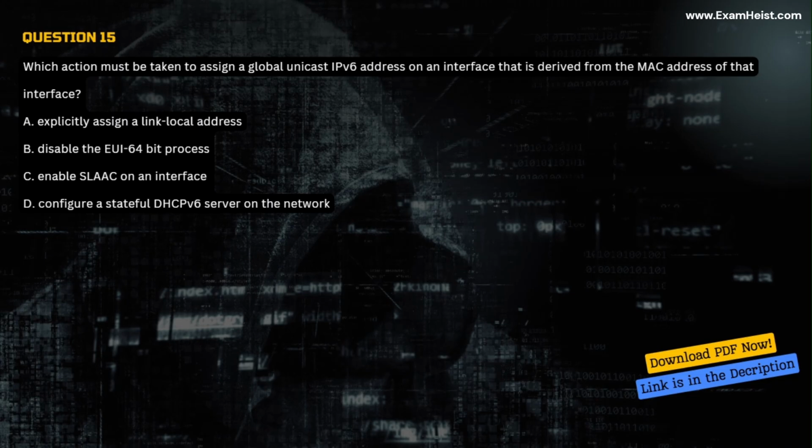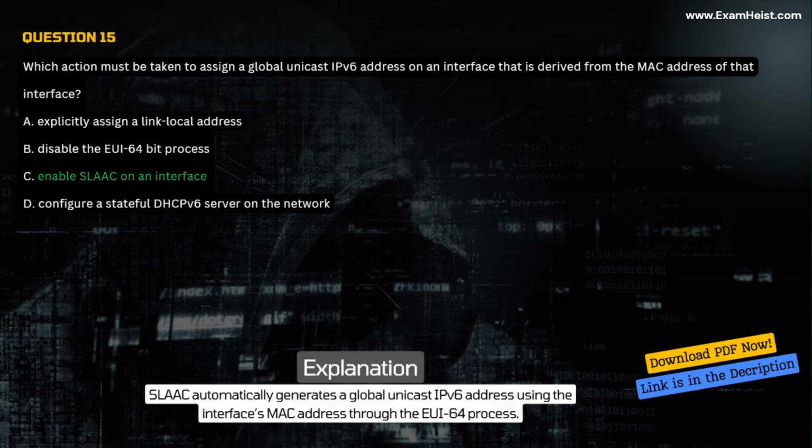D. Configure a stateful DHCPv6 server on the network. Correct answer, C. Enable SLAAC on an interface. Explanation. SLAAC automatically generates a global unicast IPv6 address using the interface's MAC address through the EUI-64 process.